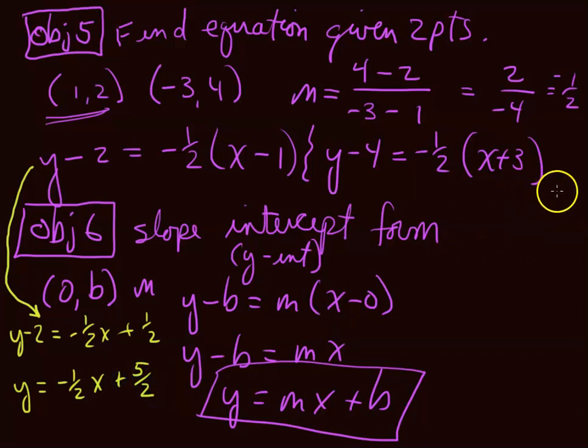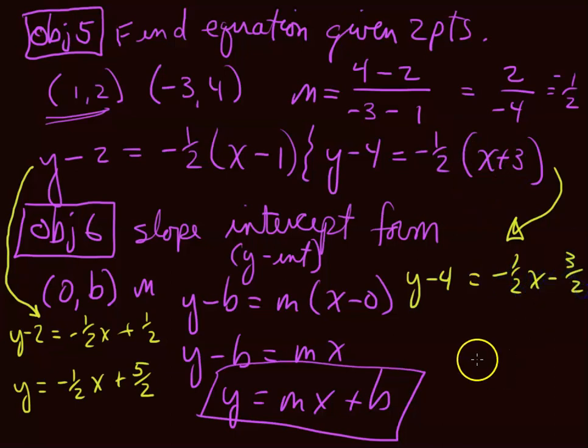Okay. Let's do the same thing here. So it's y minus 4 equals, let's distribute the negative 1/2, negative 1/2 x minus 3/2. Now, I'm going to add 4 to both sides, but not really 4. I'm going to add 8/2 to both sides.